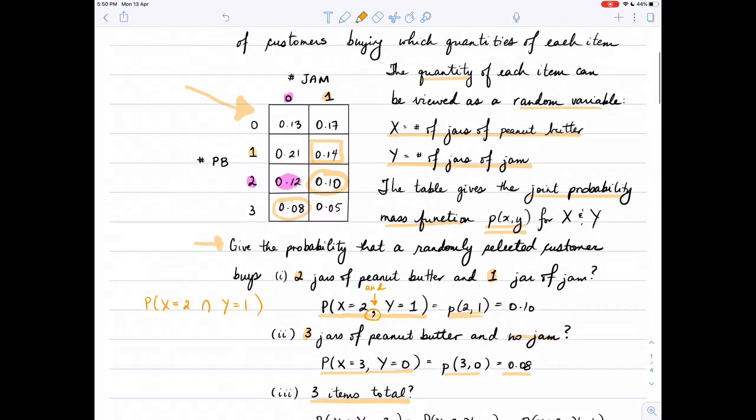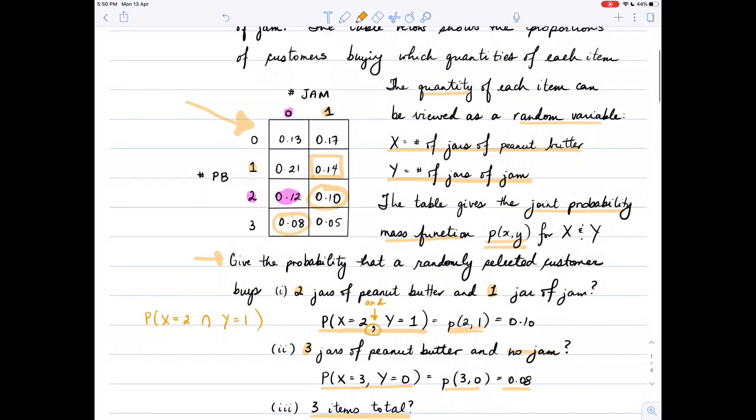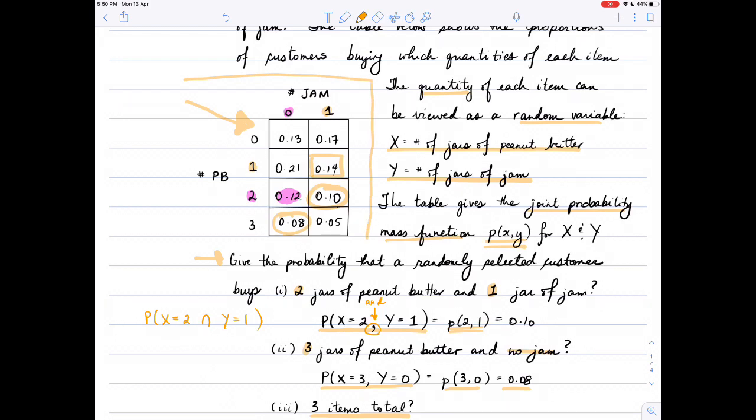So that's all pretty intuitive. You might remember from your discrete probability of a single variable that a table of values gives a nice way of representing the PMF. As it does here, a double table of values is a nice way of representing the joint PMF of two variables, x and y.